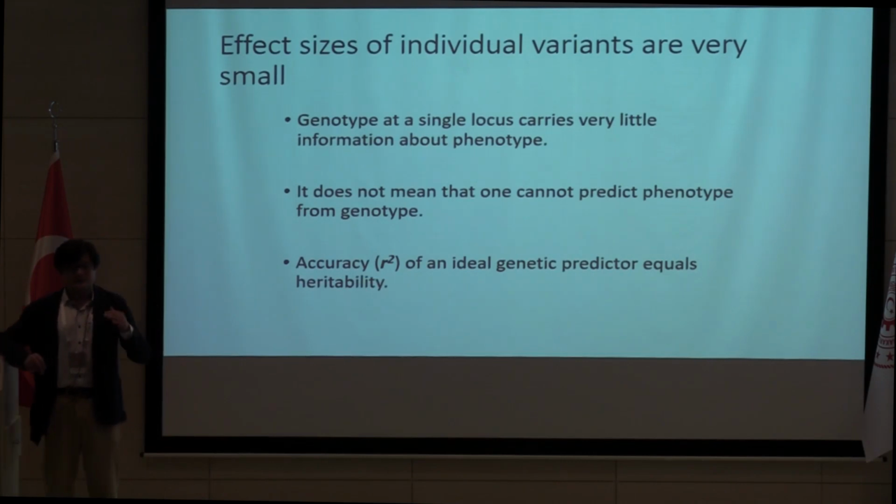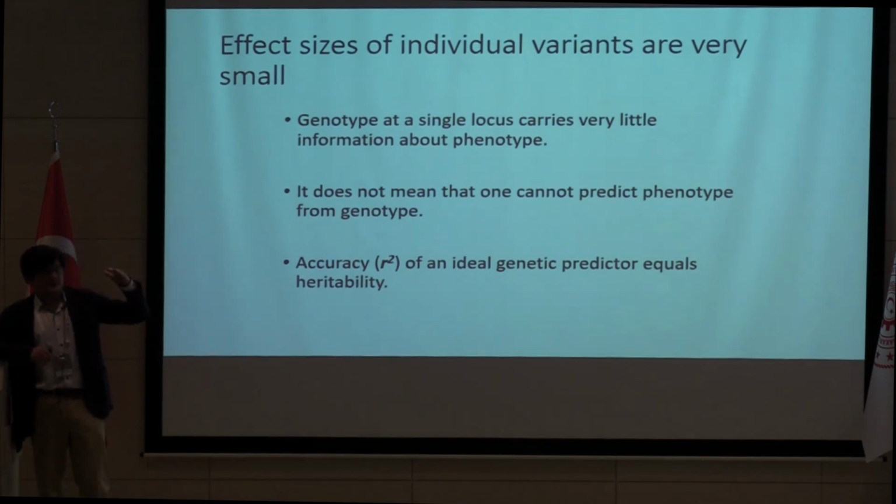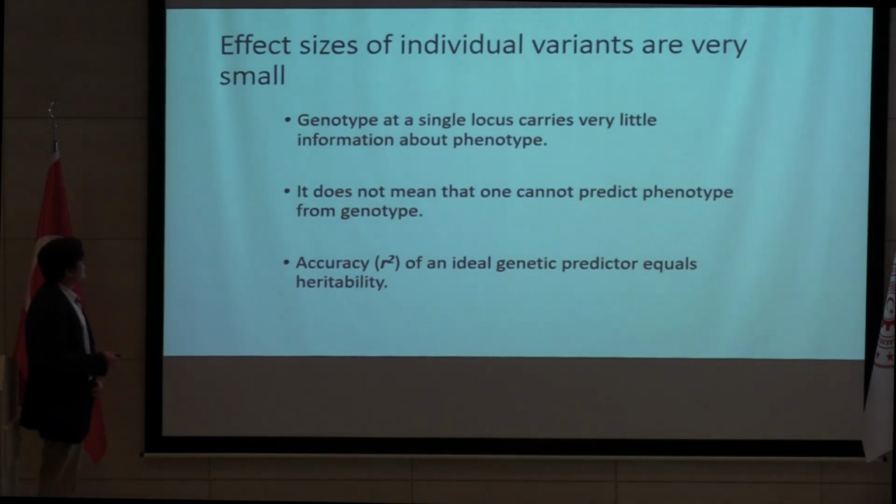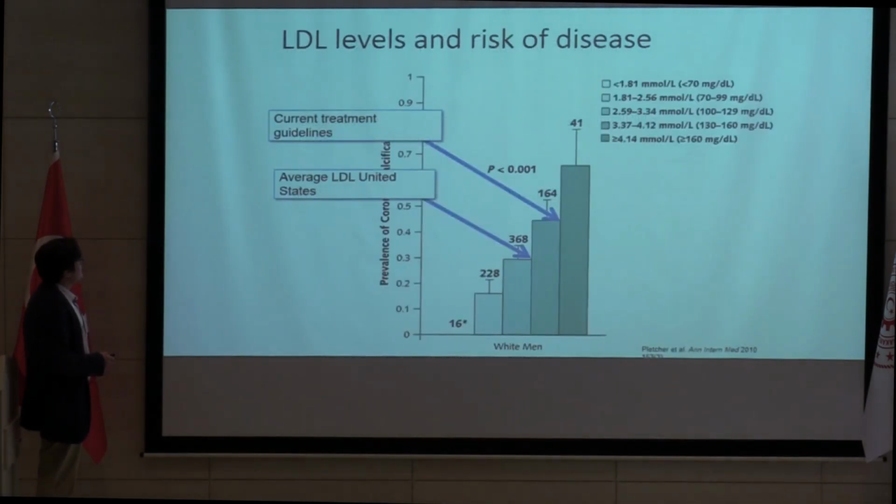So if heritability of early onset heart disease, early onset myocardial infarction is 50%, most of the diseases around 30, 50, 60, I can actually do pretty well. I can do better than most clinical indicators do. So it's not a hopeless predisposition.